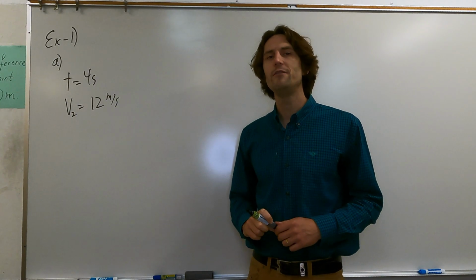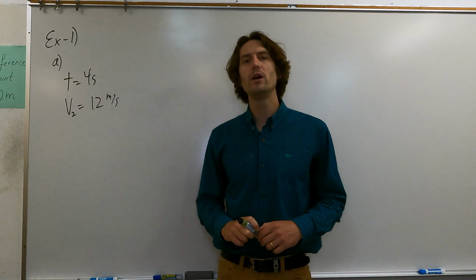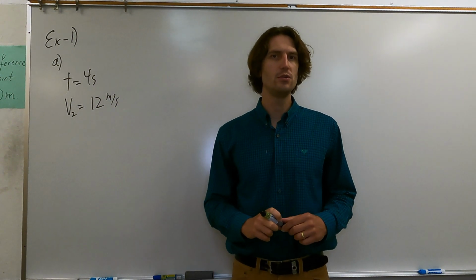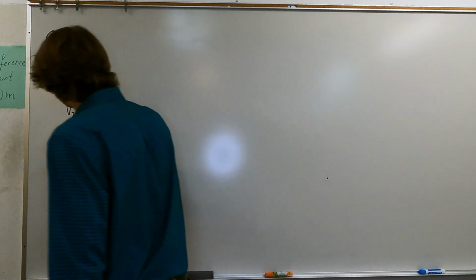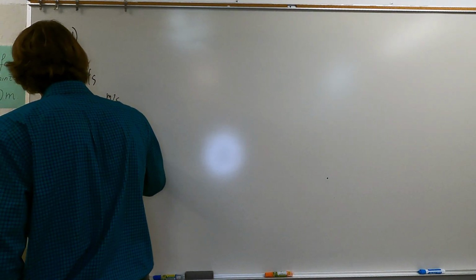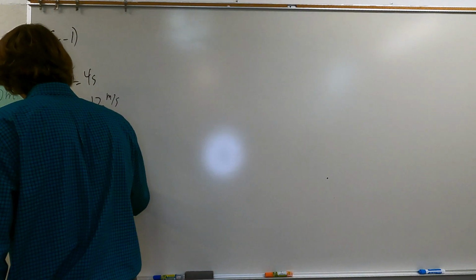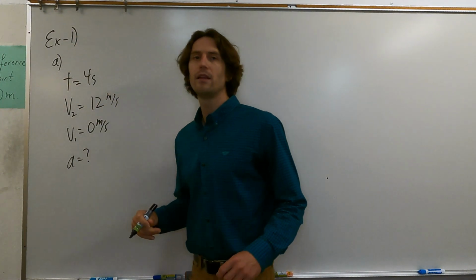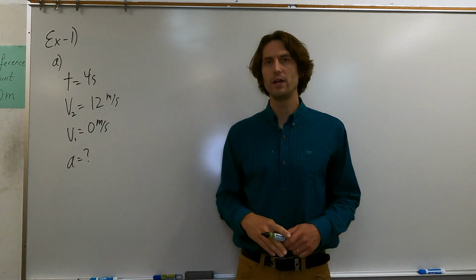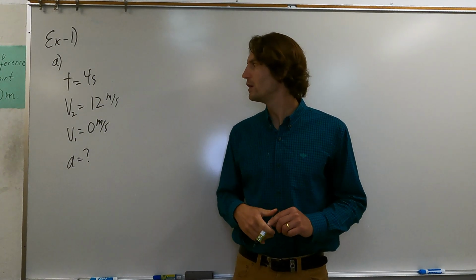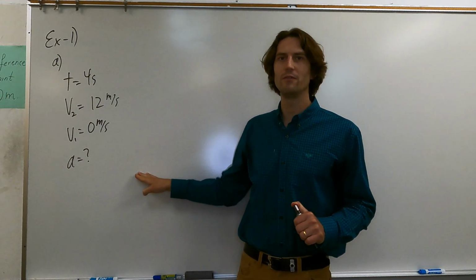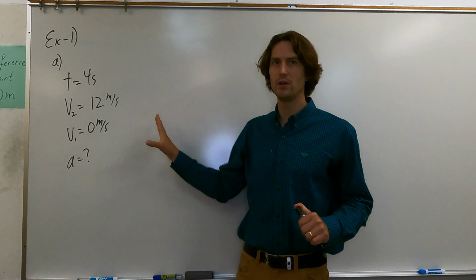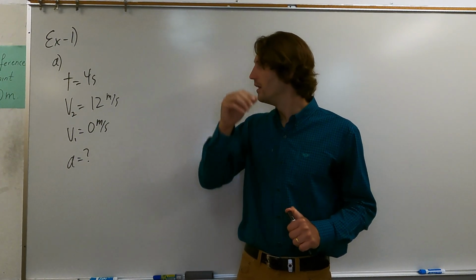We also have a V1 in here. V1 is going to be 0 because it says that the student starts from rest. And lastly, because we are looking for acceleration, we can set A equals question mark. So this is step 1. We have listed the known and the unknown variables. We don't have to go crazy. This is all we need.